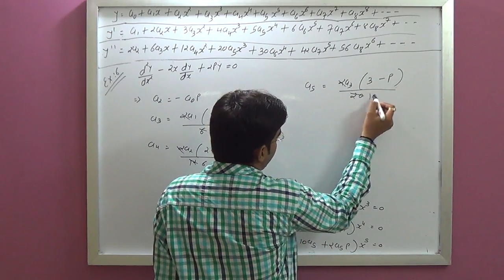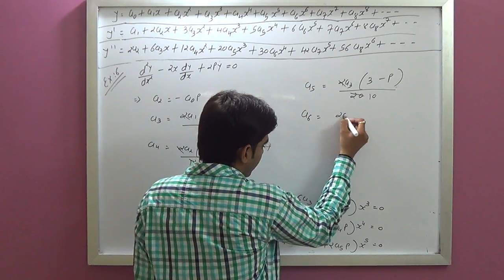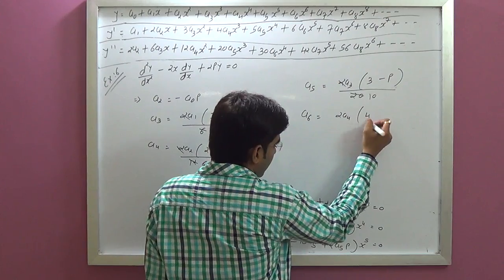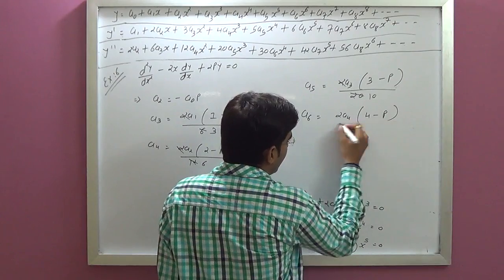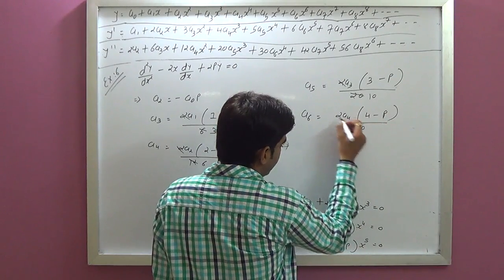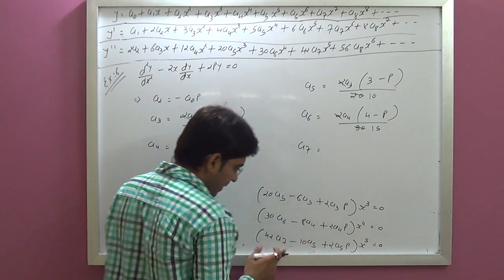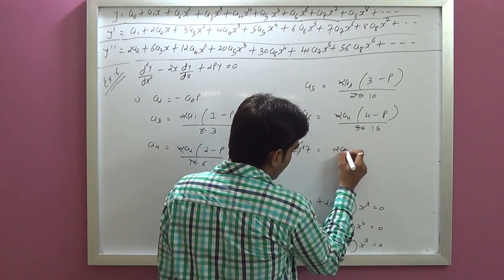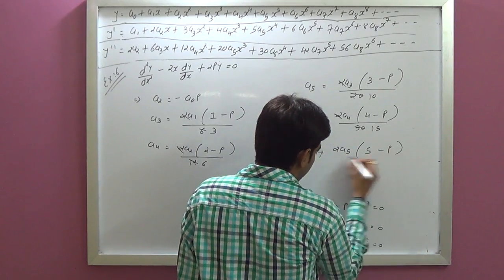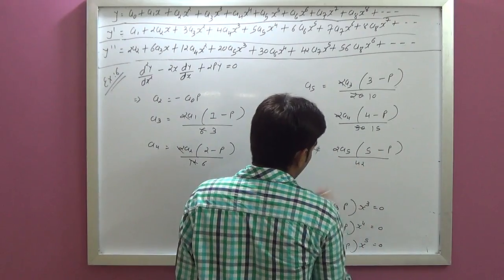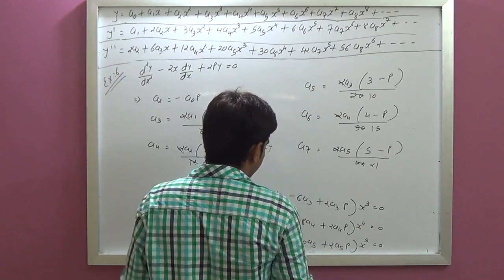Right, 2 and 10. Okay, a6, that means 2a4 common, 4 minus p upon 30, that means 15. Again a7, if we have 2a5 common, that means 5 minus p upon 42, right, 21.